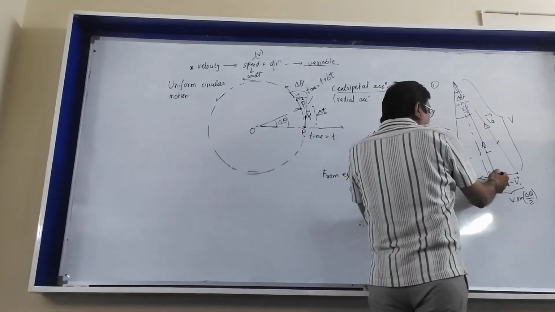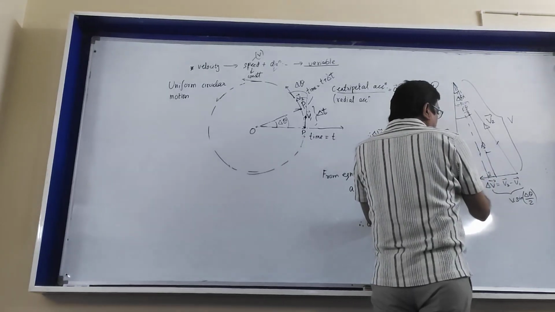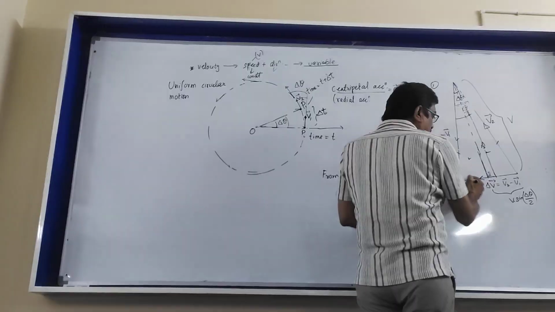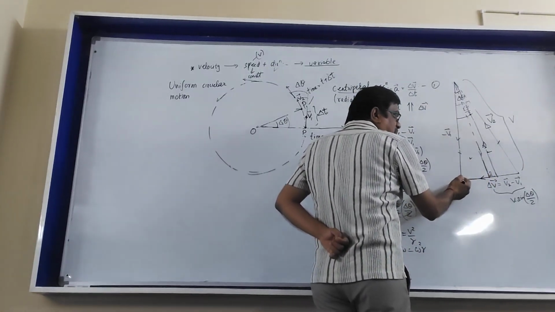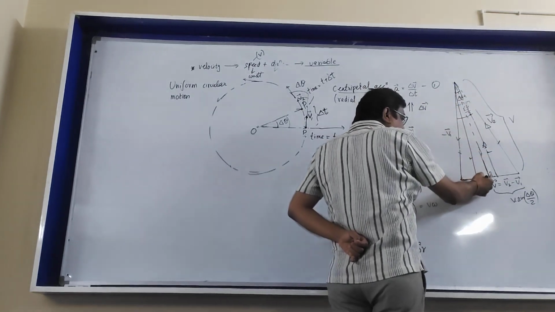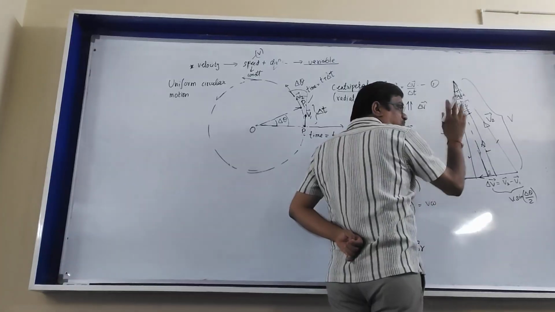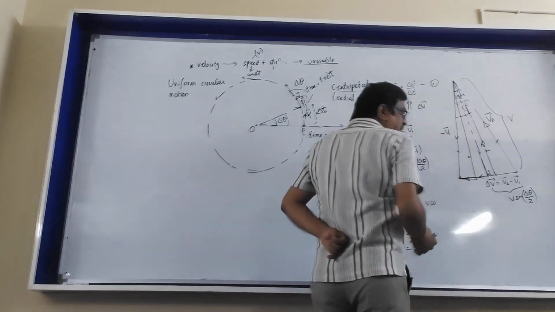Then it will be like this. The direction of delta V will be like this. If we still decrease this, remember these two sides must be the same because speed is not changing. So our delta V will be like this.